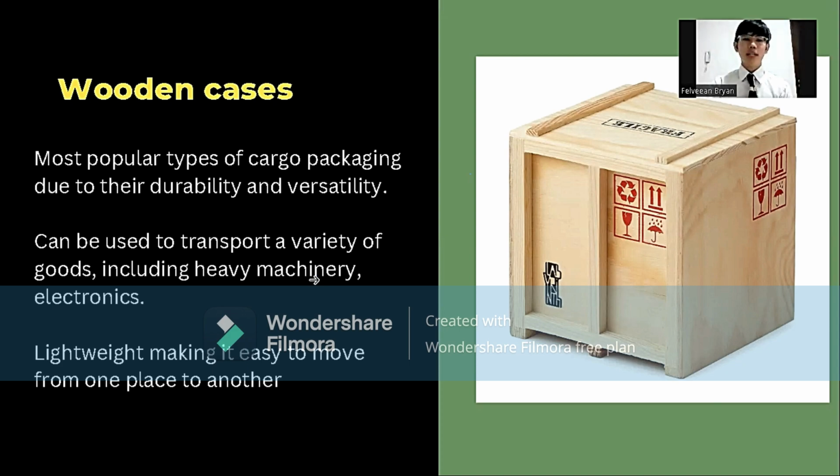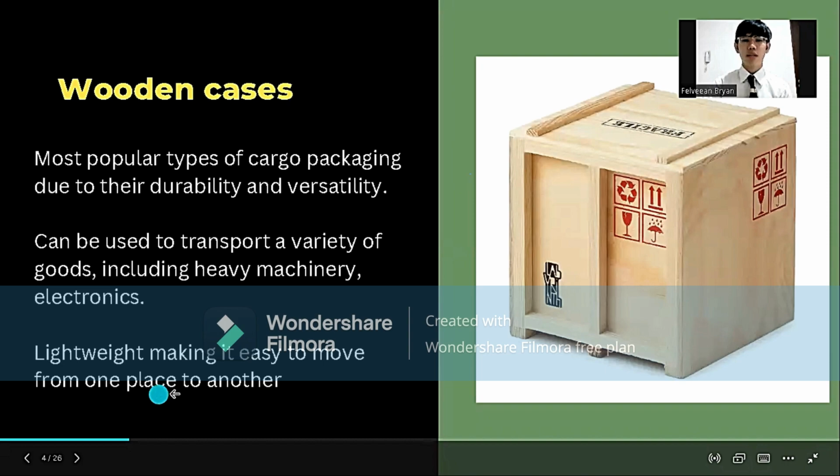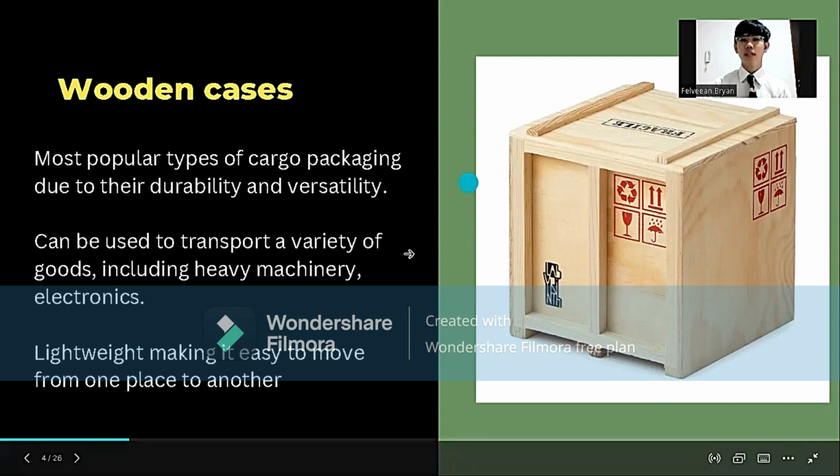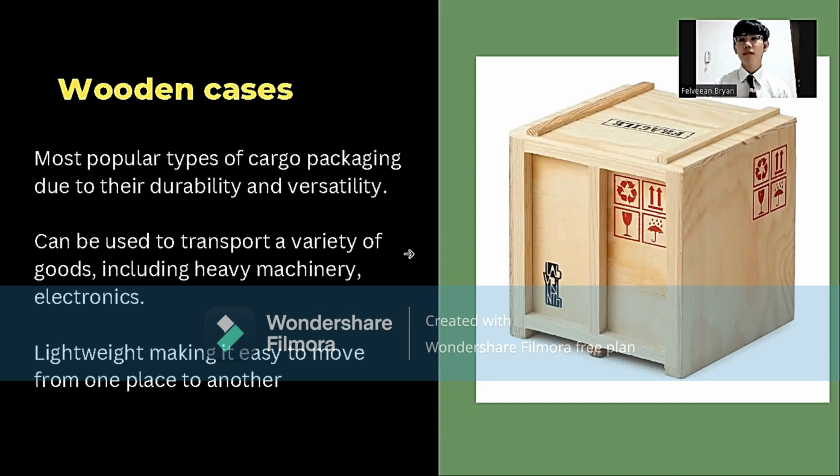For example, it is lightweight and easy to move from one place to another. But the disadvantage is that it is very expensive and not easy to find. So this is the first type of cargo packaging.